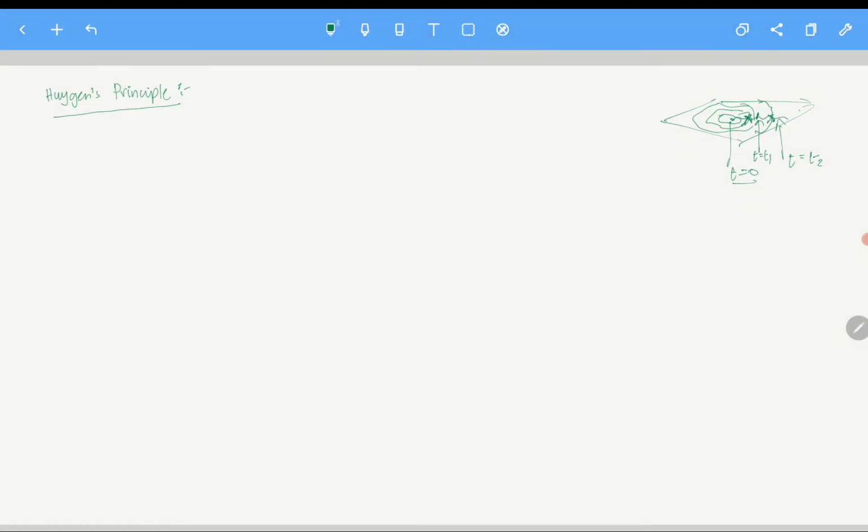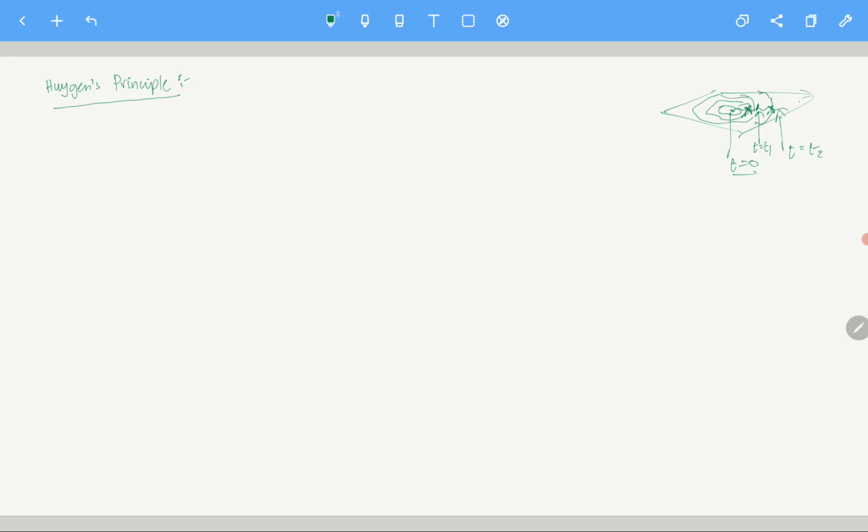So essentially you cannot backtrack. Here the disturbance which is originating at that point propagates along a sharp wave front. It's just instant, it's gone like that.